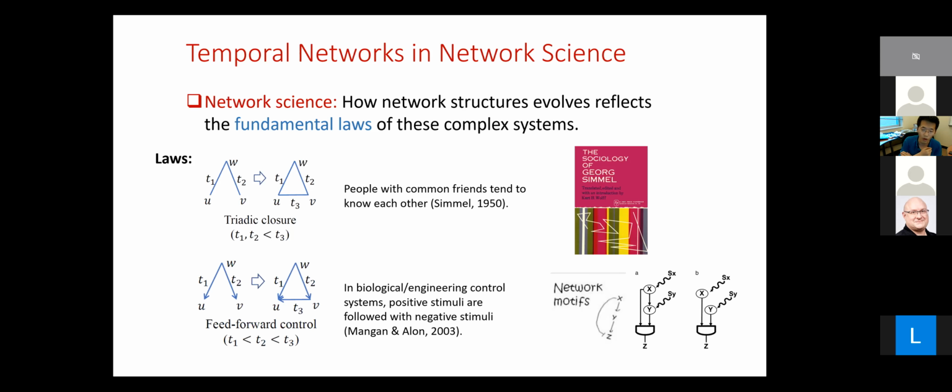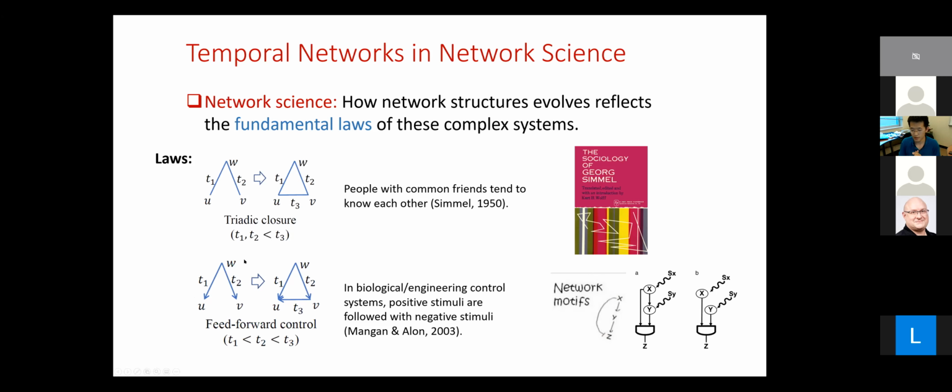A little bit more complex pattern in temporal networks is called the feed-forward control loop. This pattern widely appears in biological and engineering control systems, and it usually corresponds to a feedback mechanism. For example, an element W stimulates the generation of another element U, and you want to guarantee this system to be stable.